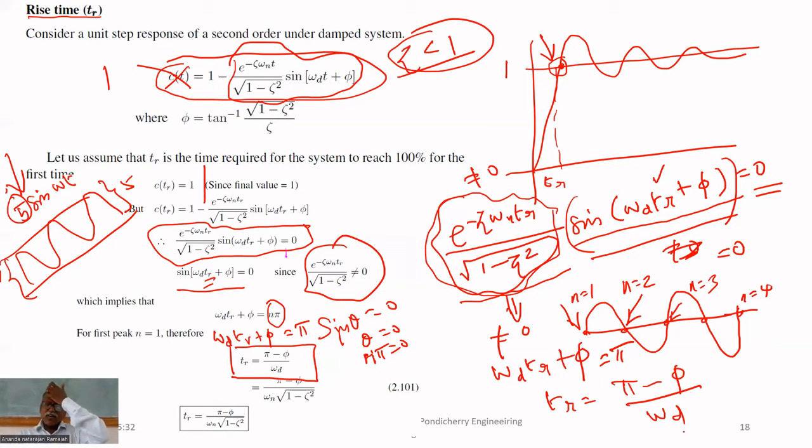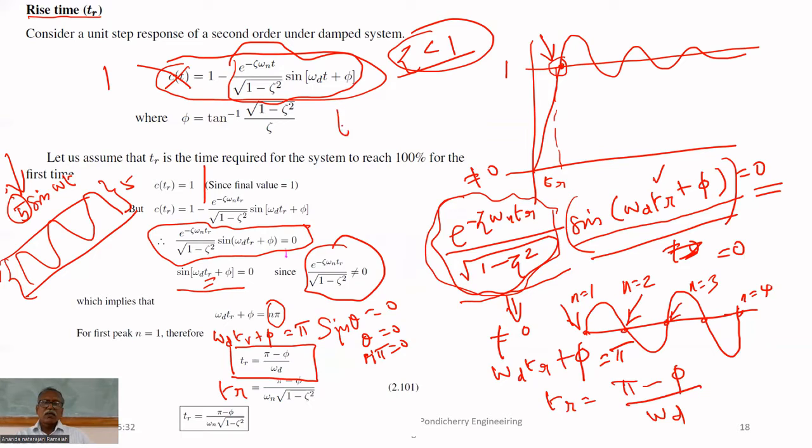But omega d equals what? Omega n multiplied by square root of 1 minus zeta square. Therefore, tr equals pi minus phi upon omega n square root of 1 minus zeta square. That's all.